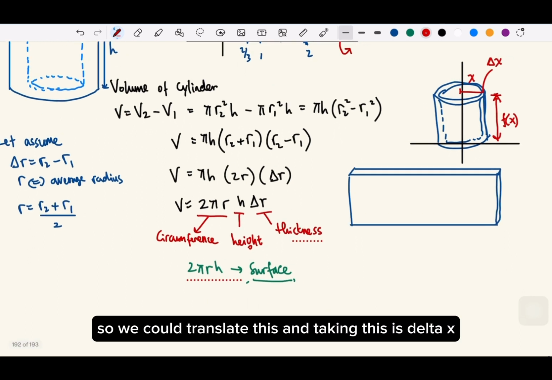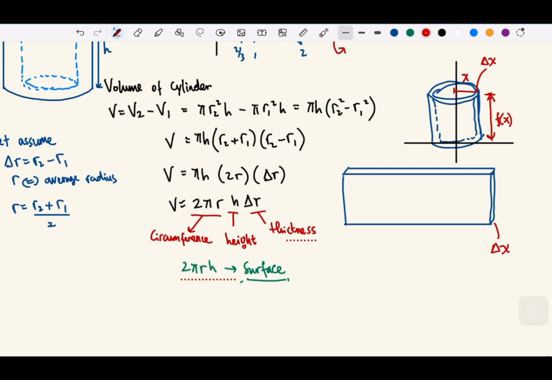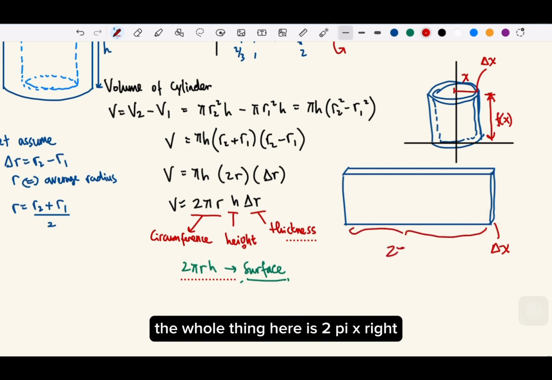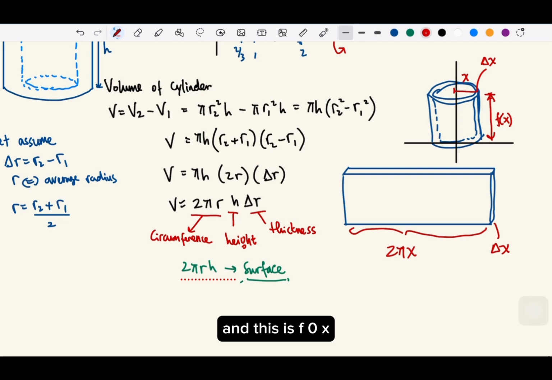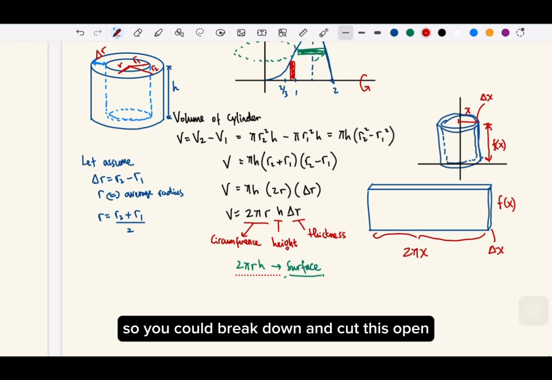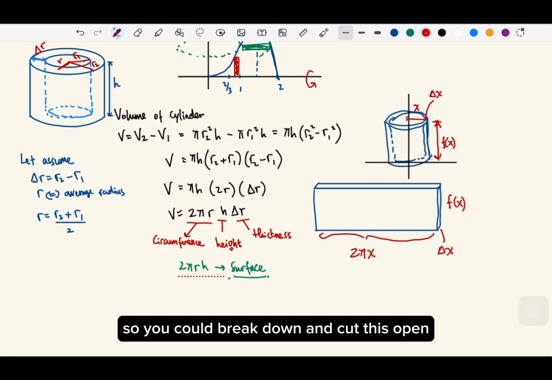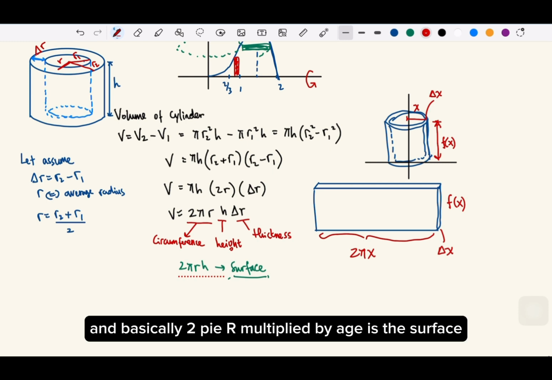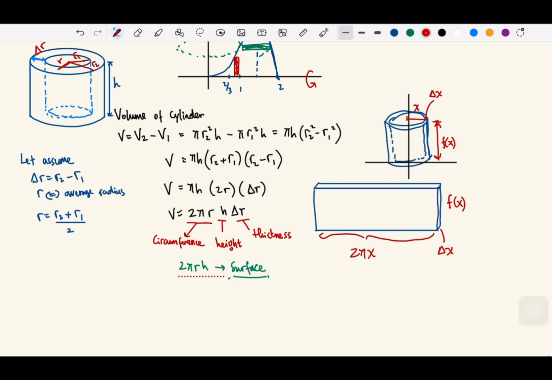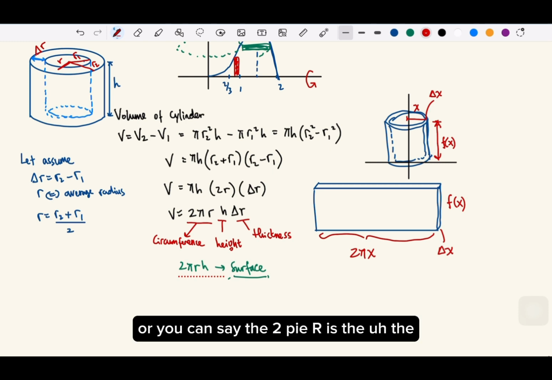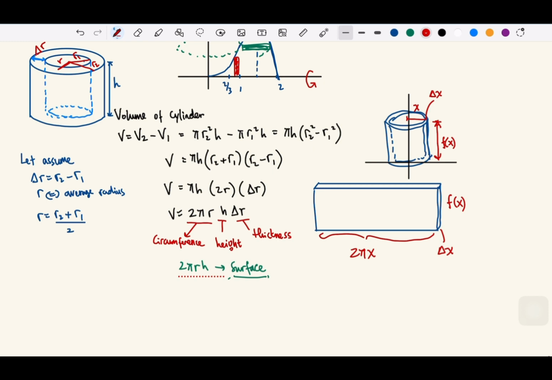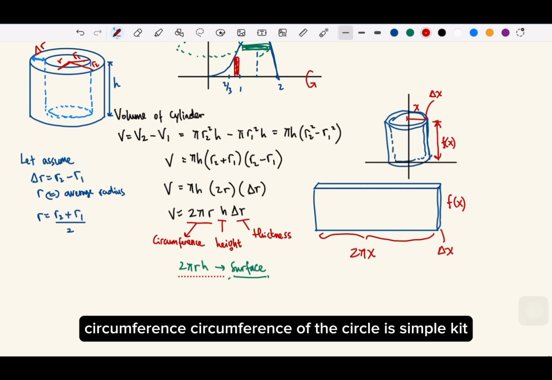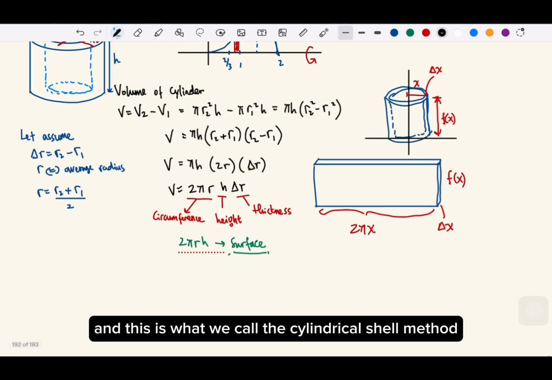So we could translate this, and taking this is delta x. The whole thing here is 2 pi x, right? And this is f of x. So we could break down and cut this open. And basically 2 pi r multiplied by h is the surface. Or we could say that 2 pi r is the circumference of the circle, this circle here. And this is what we call the cylindrical shell method.